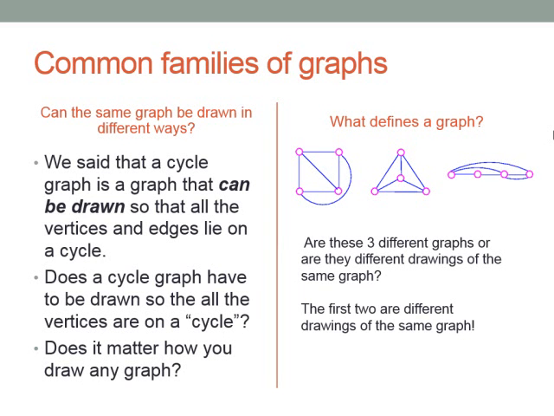In general, that's a very difficult question, but in many cases, especially for small graphs, you can tell. So if we look at the third graph, the graph on the right, notice that there is a vertex of degree 2 and a vertex of degree 4. So this is not the same graph.